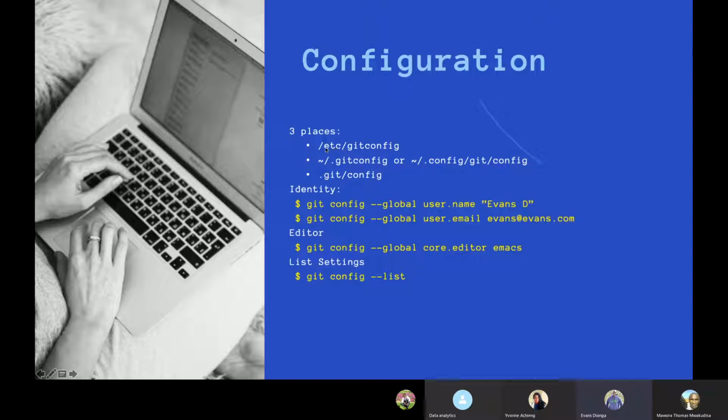So if you define something in /etc/gitconfig, and the same property is also declared in .git/config of the repository, the one of the repository takes precedence. I don't know if that is clear. If it's clear, just let me know.